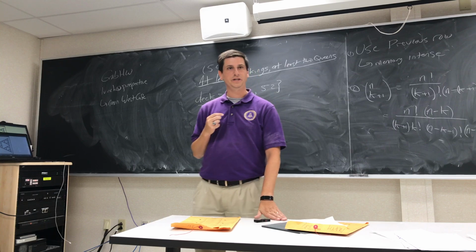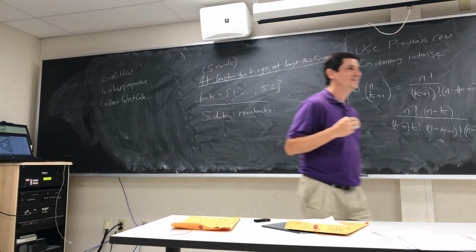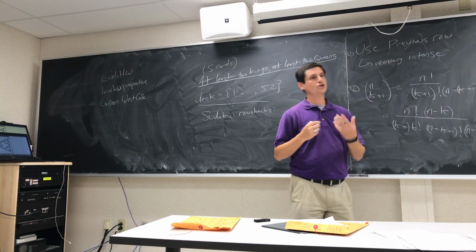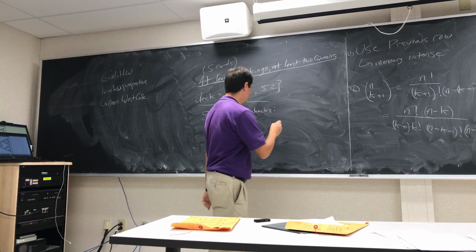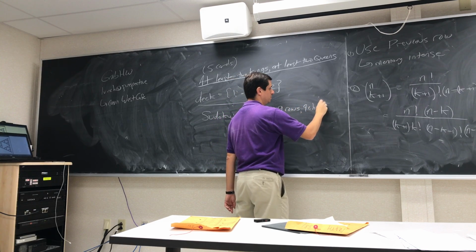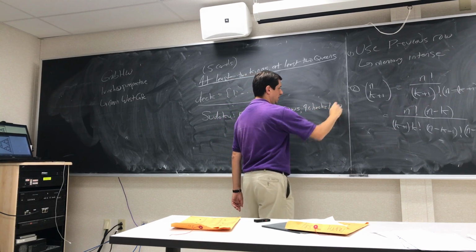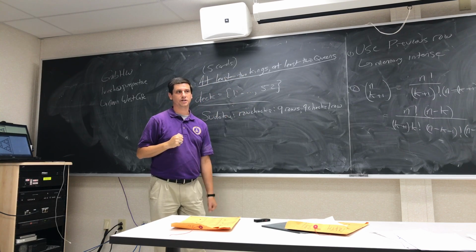So how many row checks do I need? 9. And for each, what does it mean to check a row? I've got to make sure I have exactly one 1, exactly one 2. So maybe it's 9 rows, maybe 9 checks per row. And then you would have the column checks, and then you would have the big block checks.